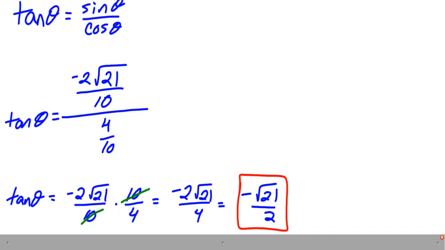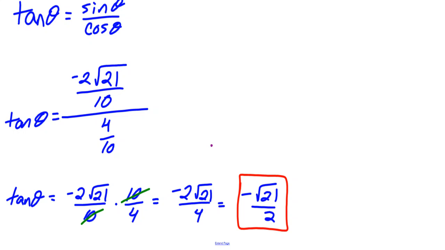So we can do negative 2 rad 21 times reciprocal 10 over 4. The 10's divide out. You can simplify it a little bit further, and you can finally get an answer of negative rad 21 over. And that's what tan is the same as. That's what it's equivalent to.